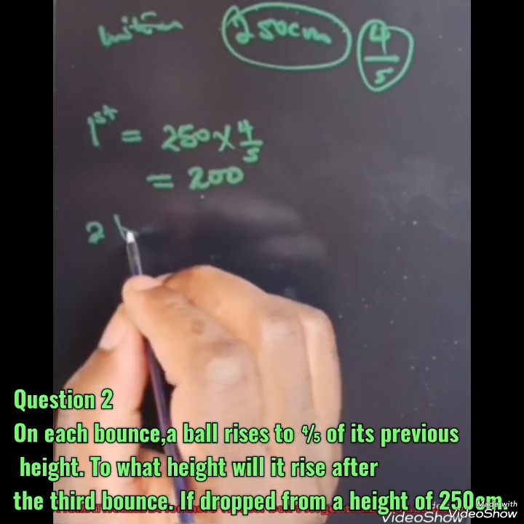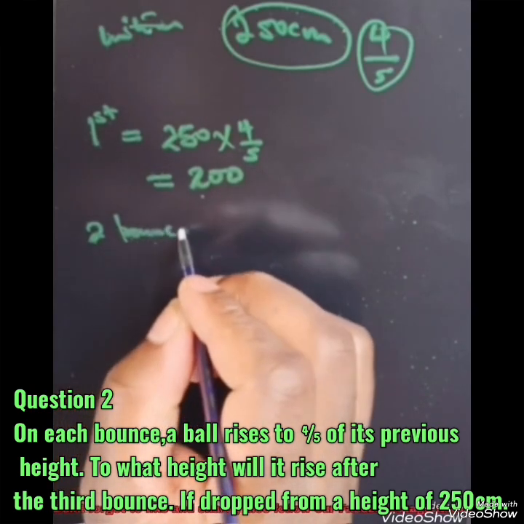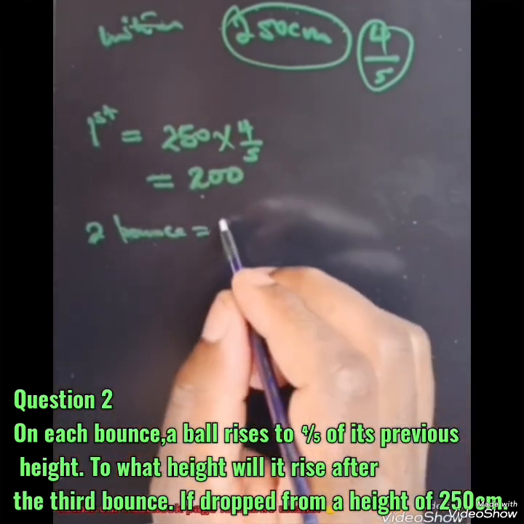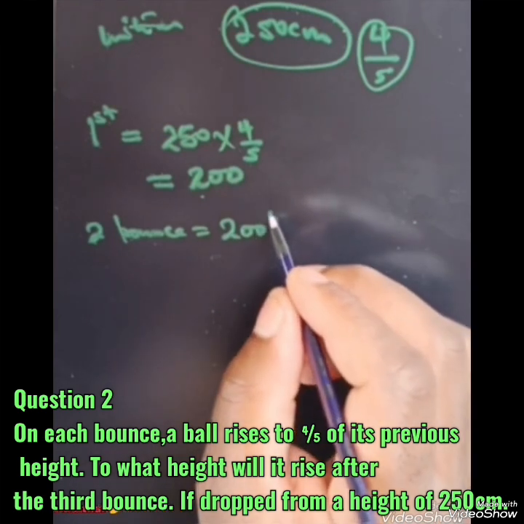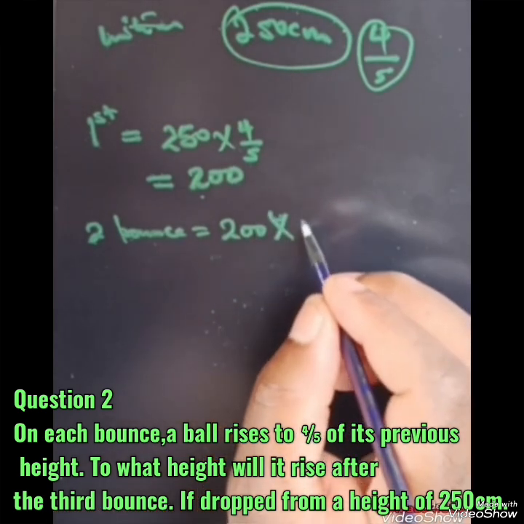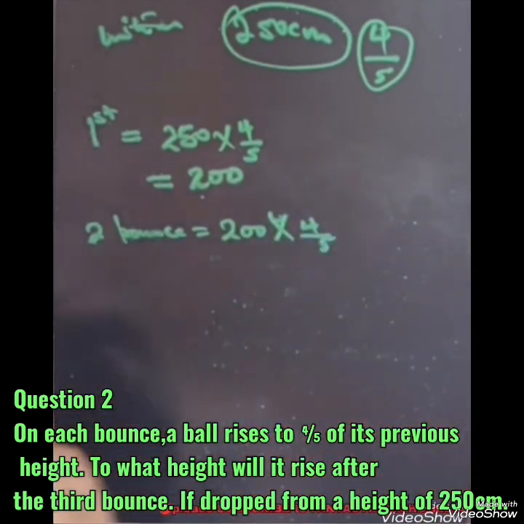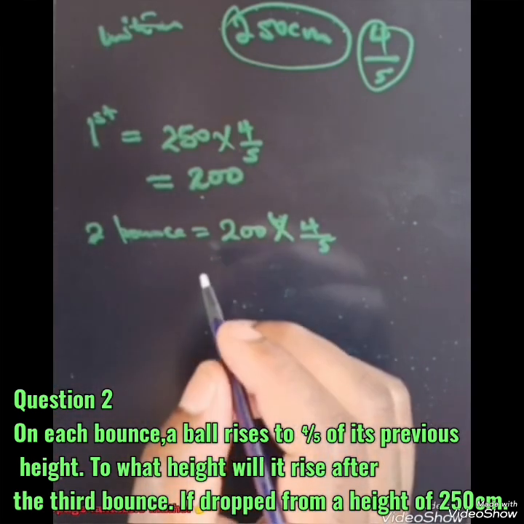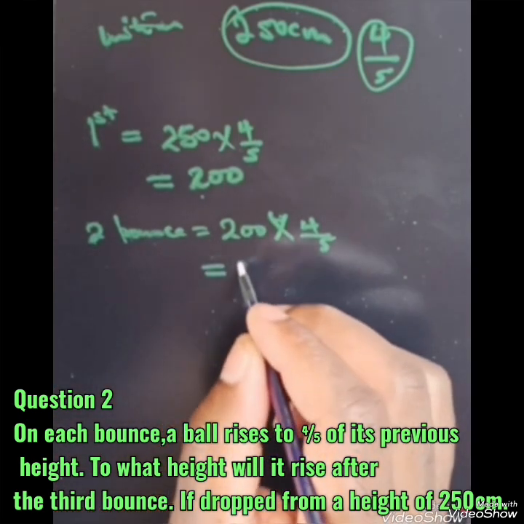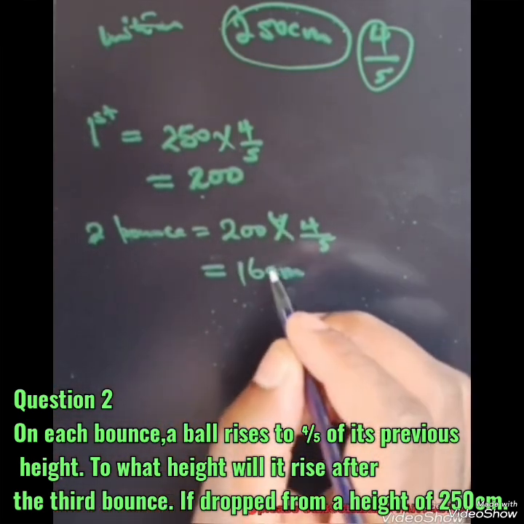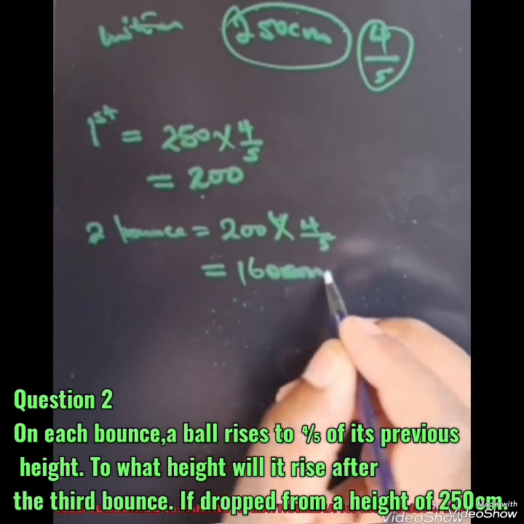Then for the second bounce, we multiply 200 by 4 over 5. We get 160 centimeters.